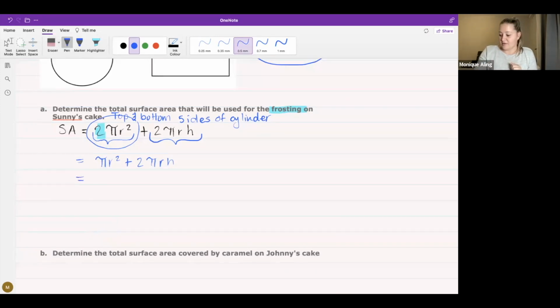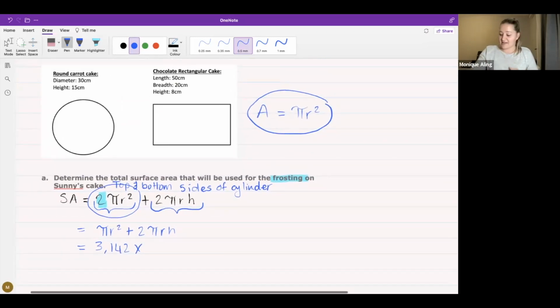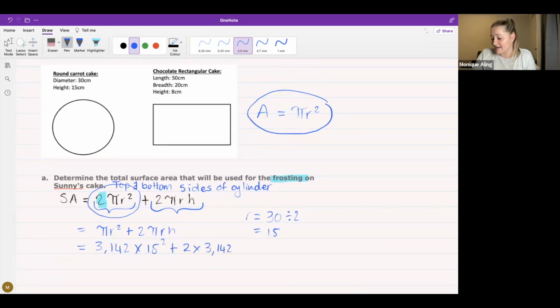So it's pi times the radius. We're going to need to work out our radius. Like I said, they love giving you the diameter. The diameter is 30, so we divide by 2, which gives us 15. So times by 15 squared plus 2 times pi times our radius times the height.